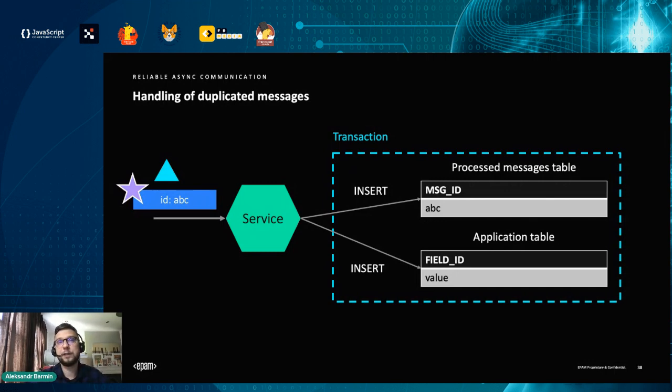And it would be nice to update both simultaneously, like you're updating your business table and a collection of processed messages. In this case, if you're getting a duplicated message again, your insert will fail due to the fact that the message is duplicated. Another approach here is checking that a message with a given correlation ID or given identifier has not been processed yet by searching through the processed messages table.